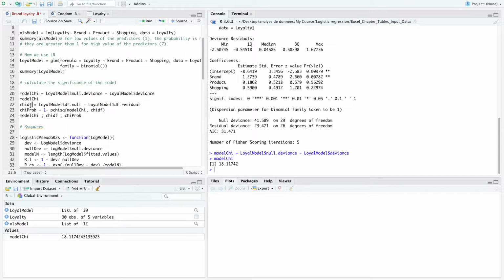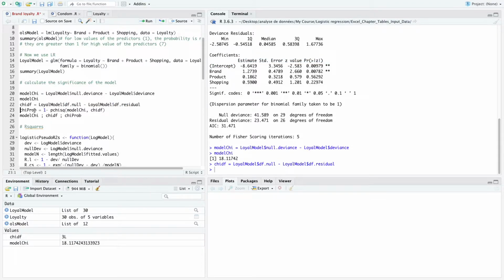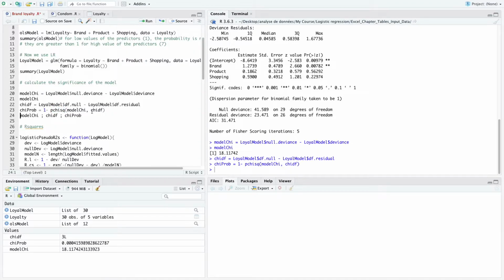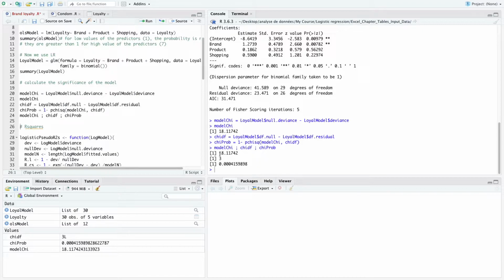It has degrees of freedom: we use the degrees of freedom of the null model, with only the intercept, and the residual model. And we calculate the probability, which is 1 minus the cumulative probability with this chi-square and those degrees of freedom. So the chi-square is just 18, which we already calculated, with 3 degrees of freedom.